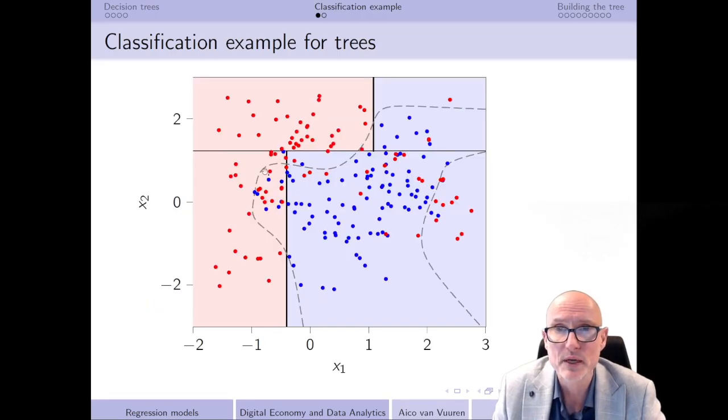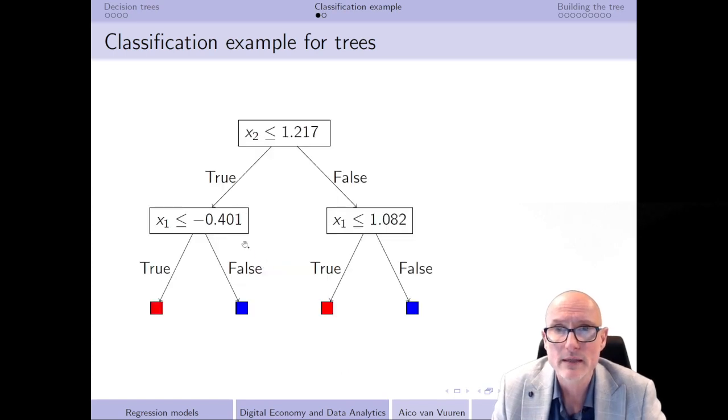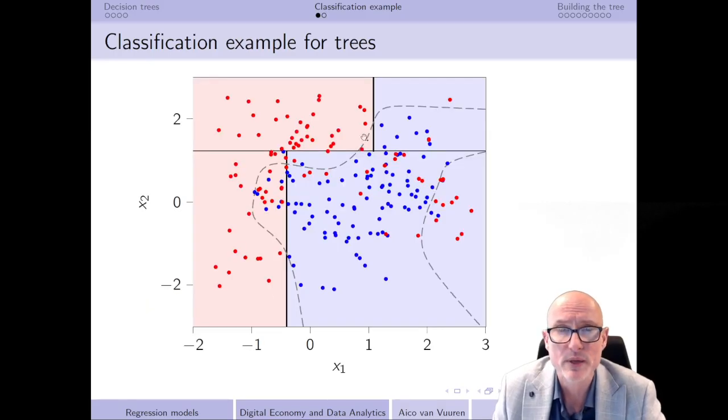That means, of course, that we are in this area over here, so we make a red prediction. Otherwise, if it is larger, then we are going to make a blue prediction. That means we're in this area over here, and hence we are going to make a blue prediction.